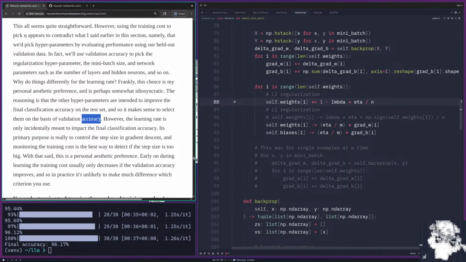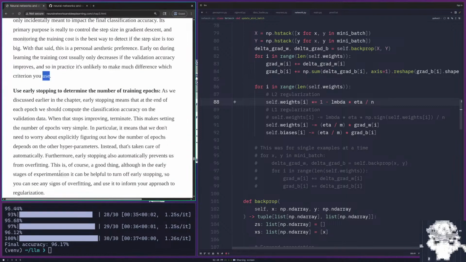Its primary purpose is really to control the step size in gradient descent, and monitoring the training cost is the best way to detect if the step size is too big. With that said, this is a personal aesthetic preference. Early on during learning, the training cost usually only decreases if the validation accuracy improves, and so in practice it's unlikely to make much difference which criterion you use.